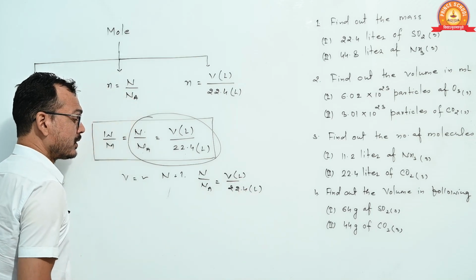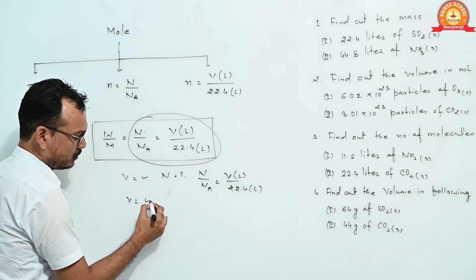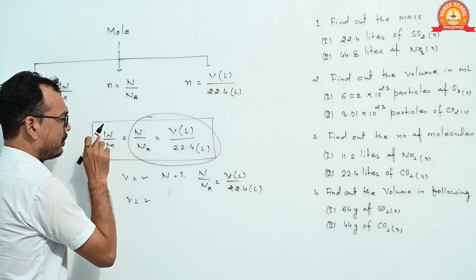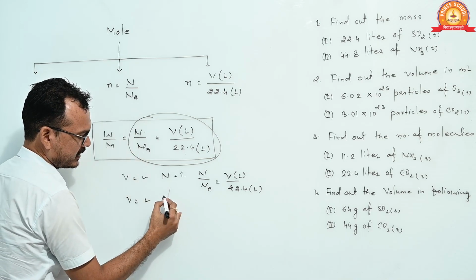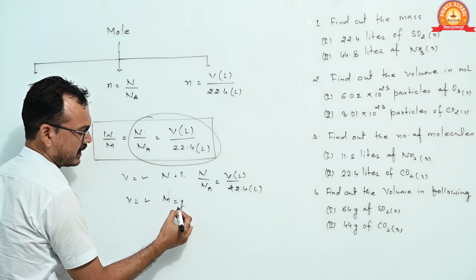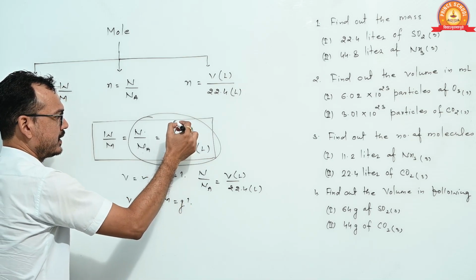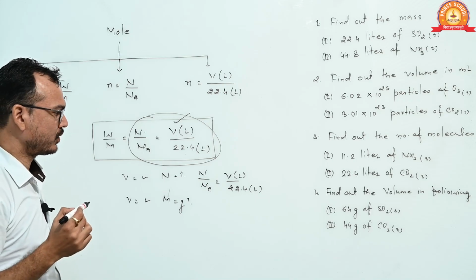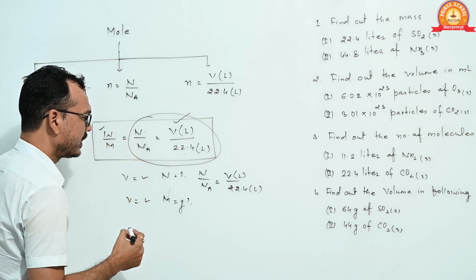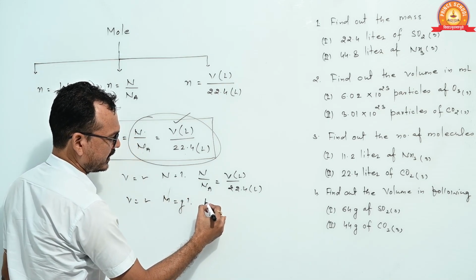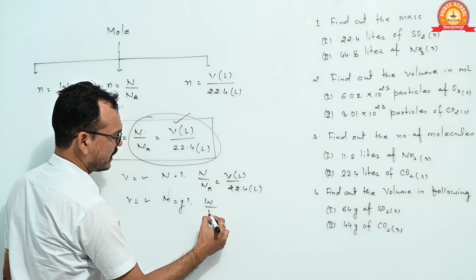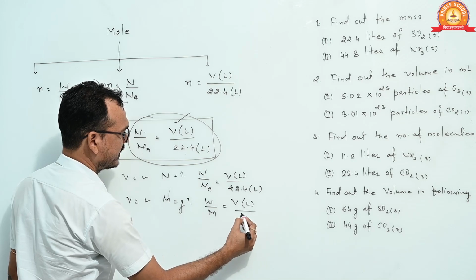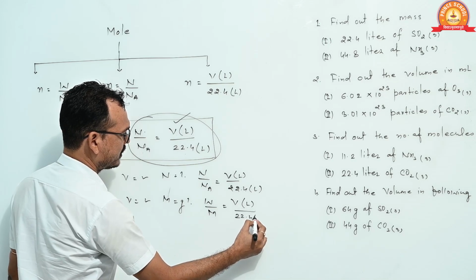Is that clear? If volume is given and the examiner asks for mass in gram, then we equate V liter upon 22.4 liter and W by M. Then we can write W upon M is equal to V liter divided by 22.4 liter.